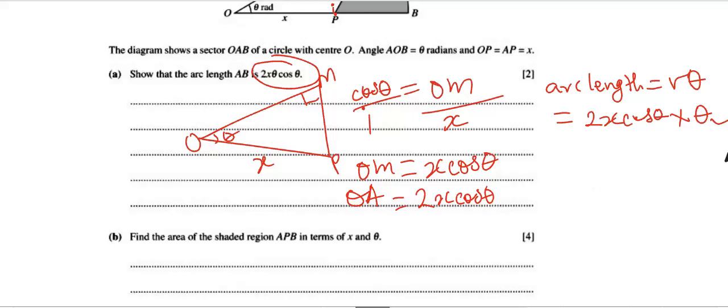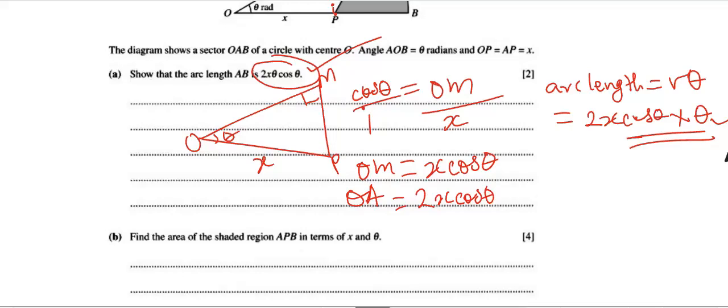And this is the required solution. We are simply trying to prove that the given solution is correct, and we have shown it by simple illustration. This and this are the same.